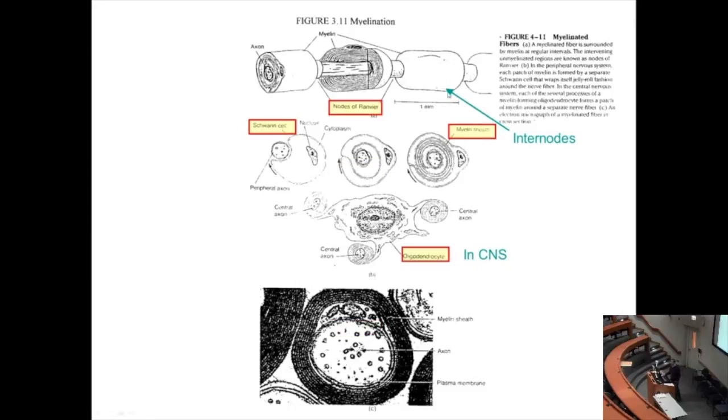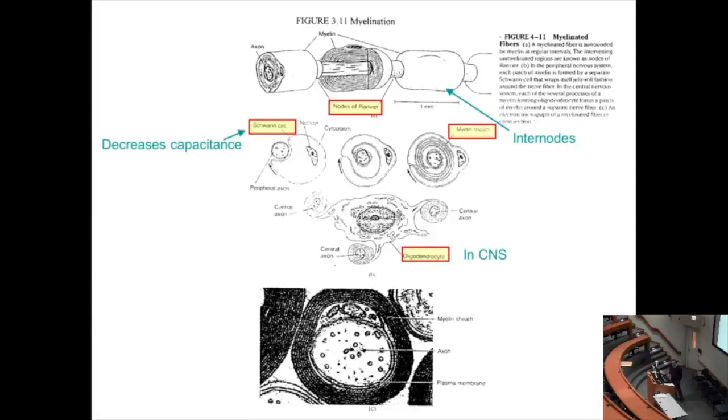The oligodendrocytes are in the CNS and the Schwann cells are in the periphery. The myelin-covered section is the internode, and the uncovered section is called the node of Ranvier, okay?